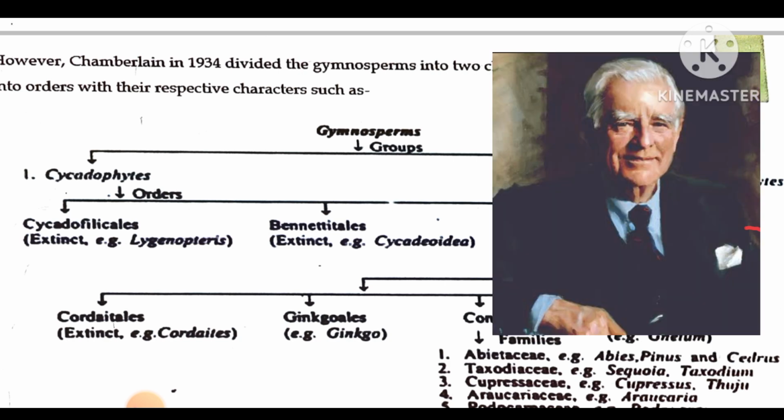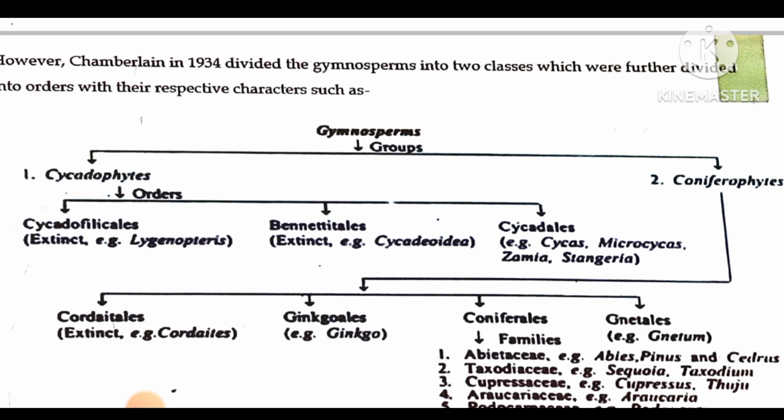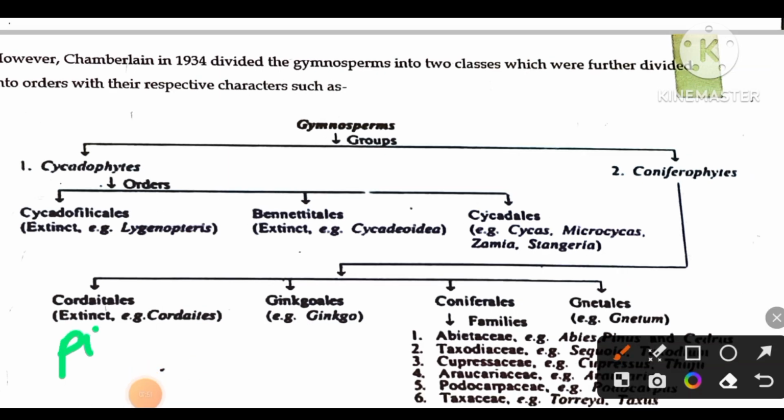Cycadophytes were further divided into three orders: the Cycadofilicales, an extinct group, and an example is Lyginopteris; then Bennettitales, which is also called Cycadeoidales, and an example is Cycadeoidea; then Cycadales. Okay, examples are Cycas, Microcycas, Zamia, and Stangeria. Then the Coniferophyta were further divided into four orders: Cordaitales. Okay, Cordaitales is an extinct group, and examples of the Cordaitales are Cordaites, Pitys, then Callixylon.